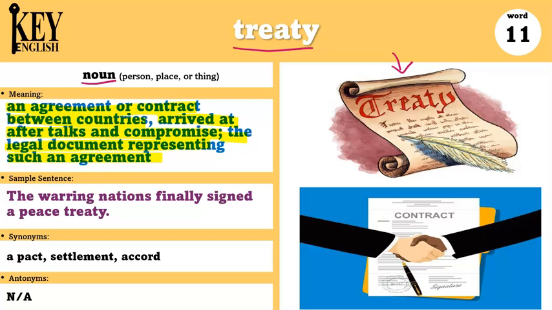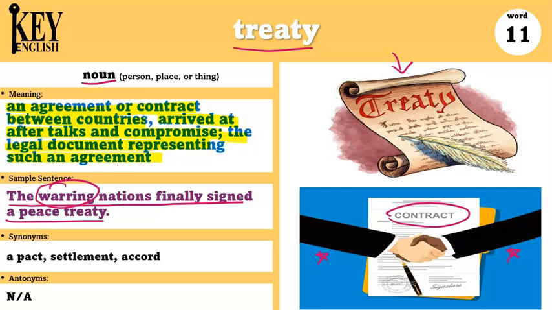And usually this paper or this contract is made after they talk for a long time about what both countries want. So the example says, the warring nations finally signed a peace treaty. So in this sentence, there's two countries that are at war. They are fighting.